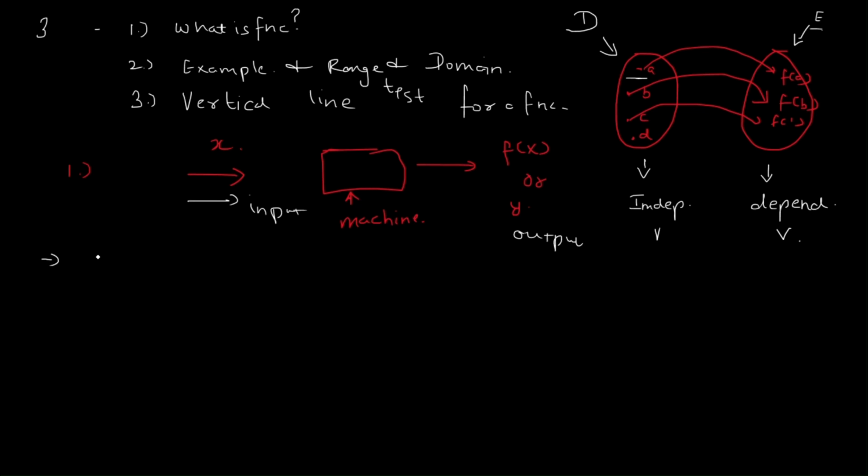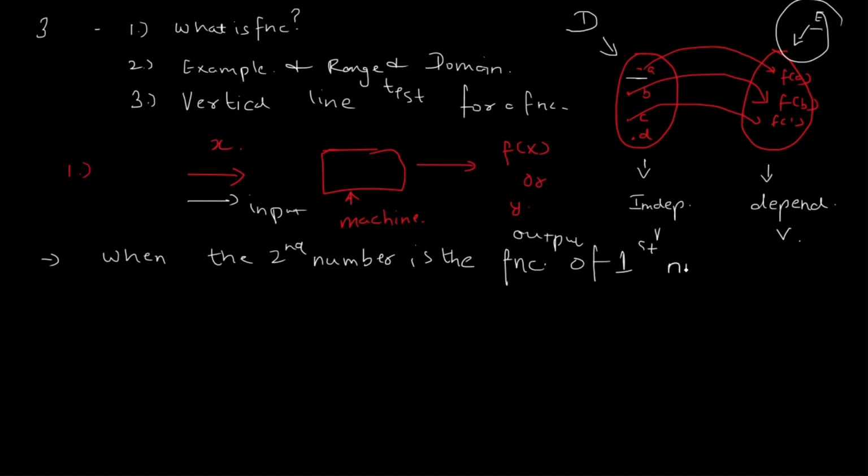A basic definition of a function is when the second variable, or this set of values E, the second number, is a function of the first number. For example, f of x equals x plus 3.